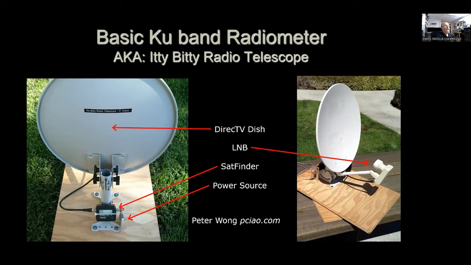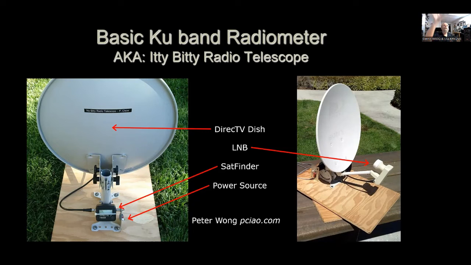This will actually detect not just the sun, but you'll find that the ground generates energy, and you can detect it with this. If you do any kind of microwave radio, if you're involved in 10 gigahertz, you'll find this is a pretty simple thing to do with your existing radio. If you point the radio at this, we use the sun as a noise source for testing radios in microwave.